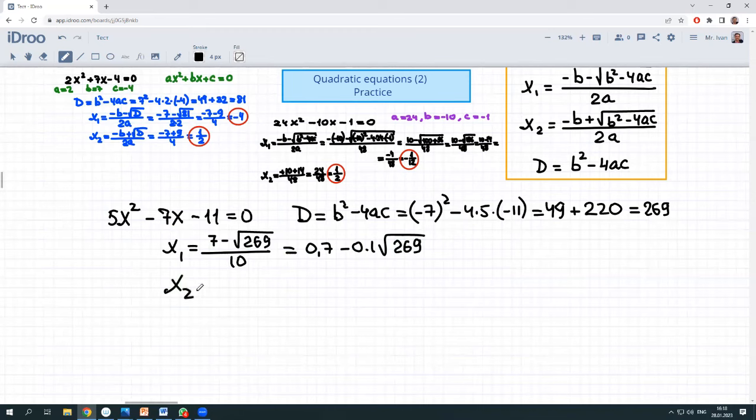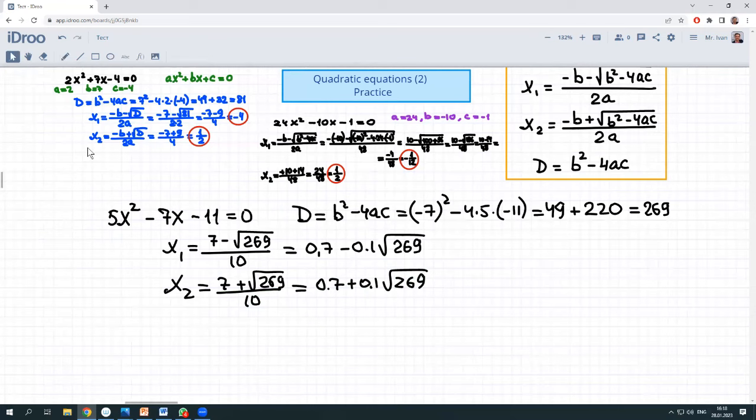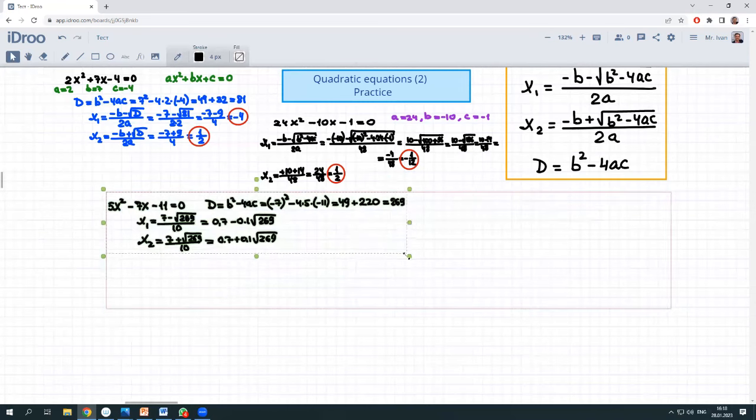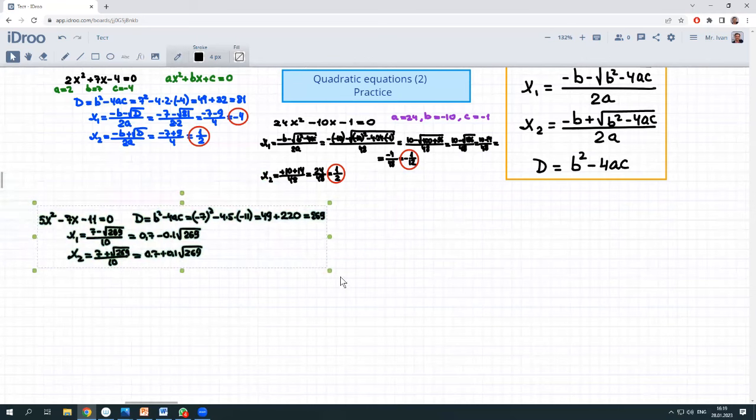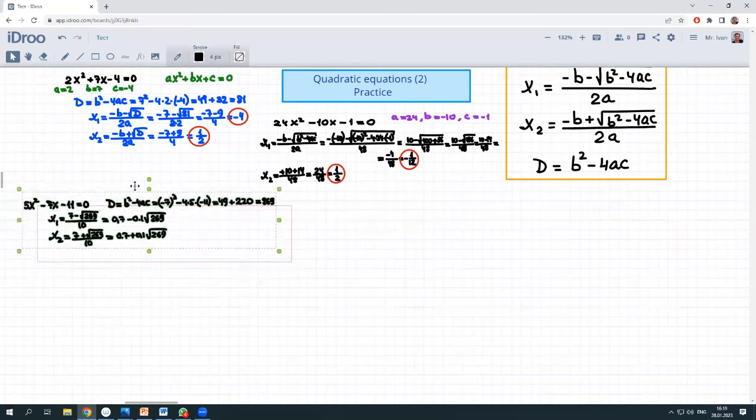And x2 would be 7 plus square root of 269 divided by 10, and it's equal to 0.7 plus 0.1 square root of 269. Again, this is the root of the equation. Looks not so comfortable probably, yeah? But as it is. Okay, let me move it here now and probably change the color.